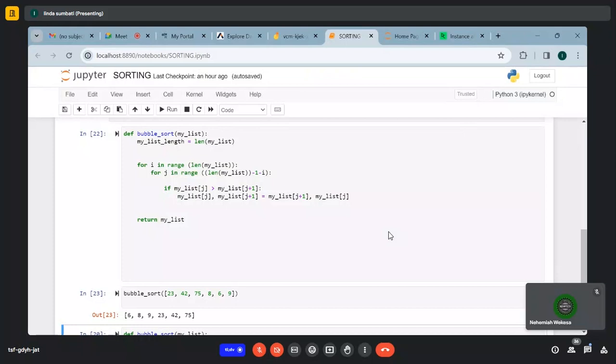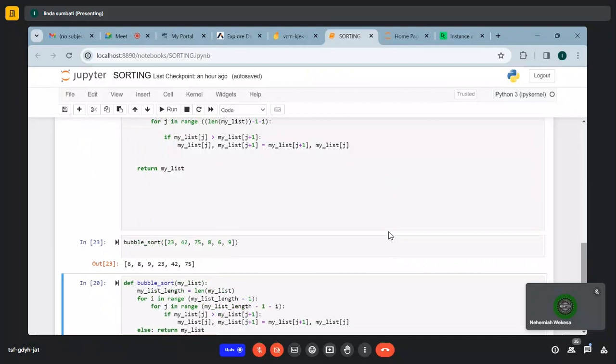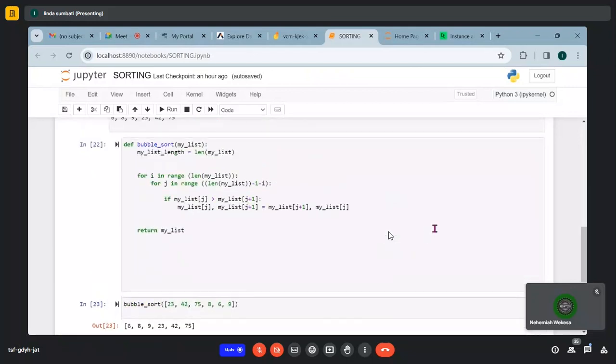If not, return my list. What is the index of len(my list) minus 1 minus I? Because I understand that len(my list) minus 1 is the last index, right? Yes. So what is len(my list) minus 1 minus I?